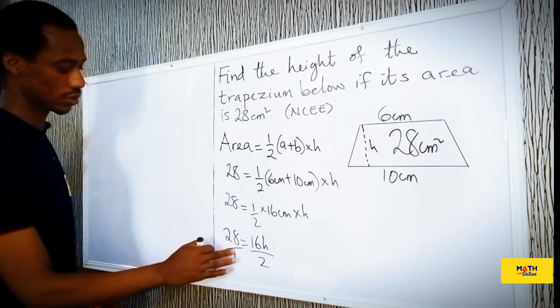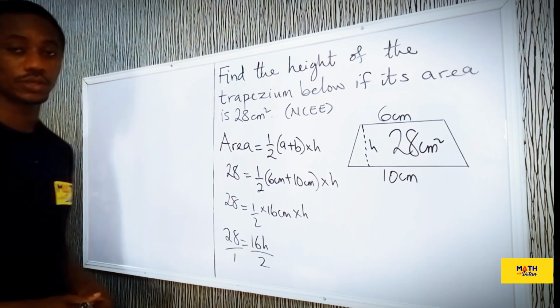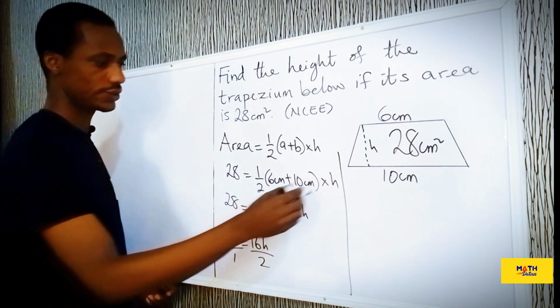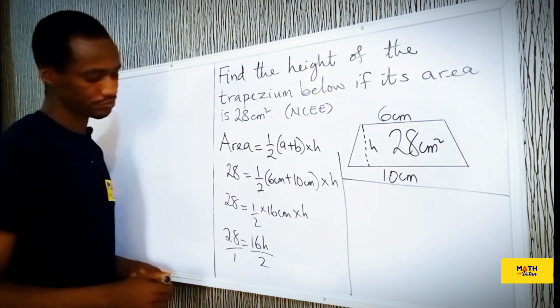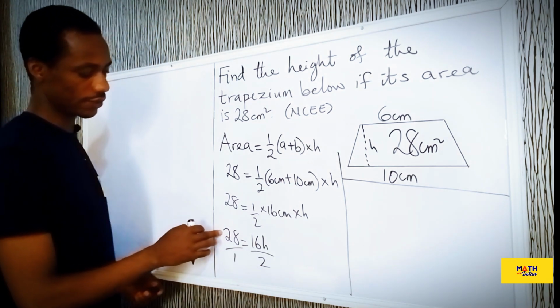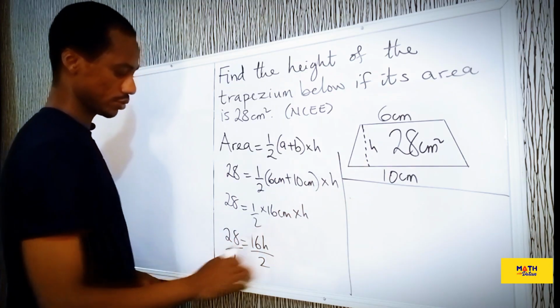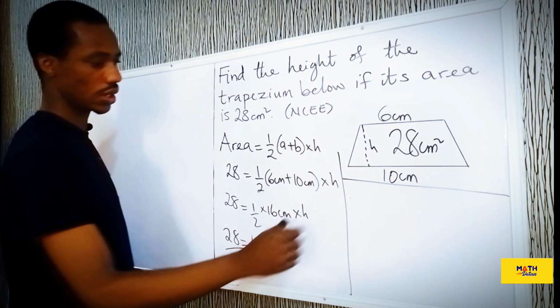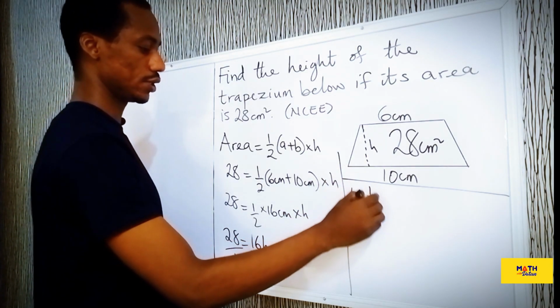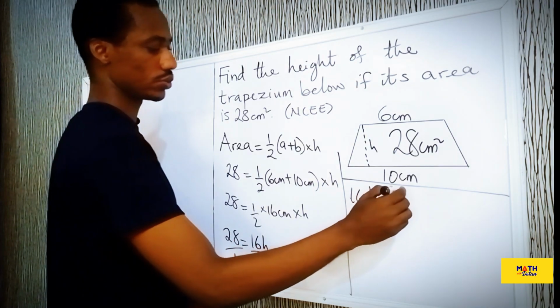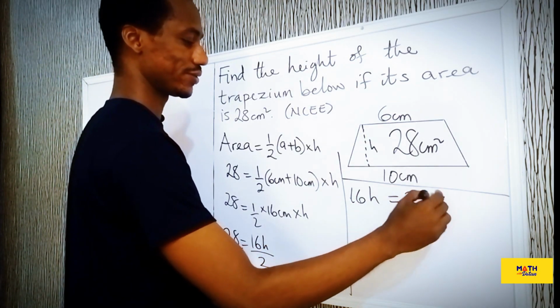At this point, when you have two fractions separated by the equal sign, you can cross multiply. So to cross multiply, 16h times 1 will be 16h, then 28 times 2, we'll leave it that way.